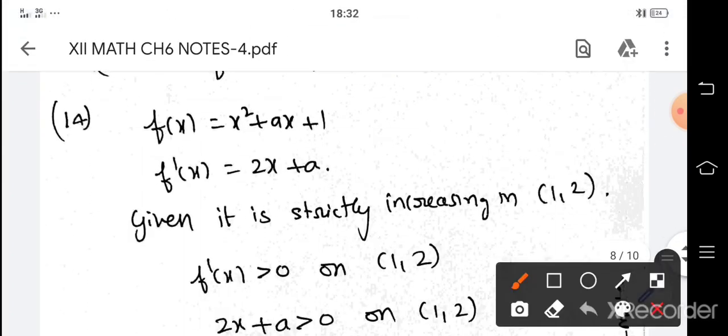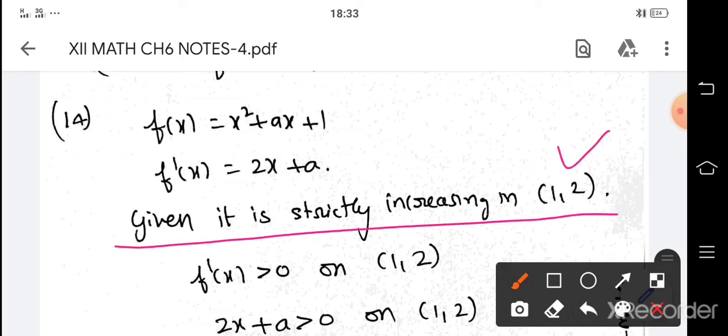14th question. Find the least value of a such that the function f given by f of x is equal to x square plus ax plus 1 is strictly increasing on the closed interval 1 comma 2. In some textbooks it was given as the open interval 1 comma 2. Anything, no problem. Given it is strictly increasing in the open interval 1 comma 2, f dash of x is greater than 0 on 1 comma 2.